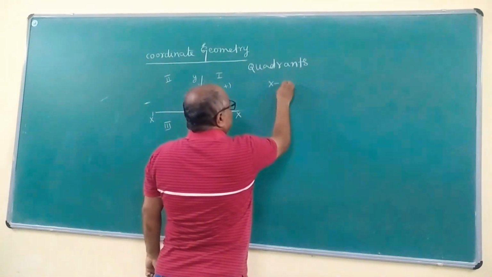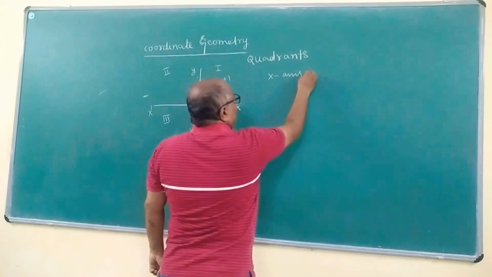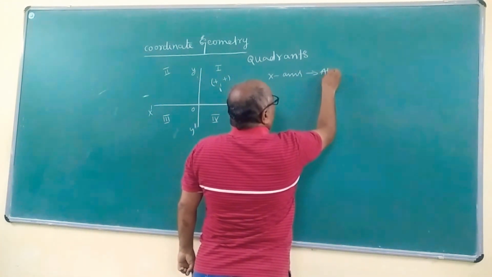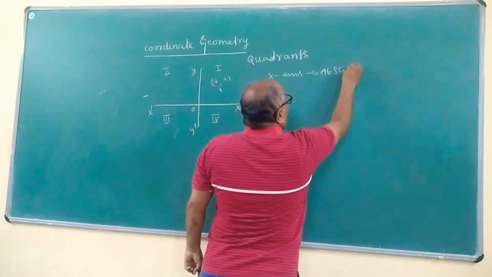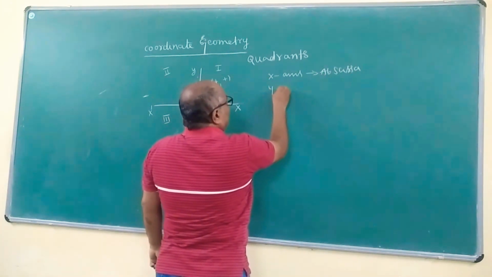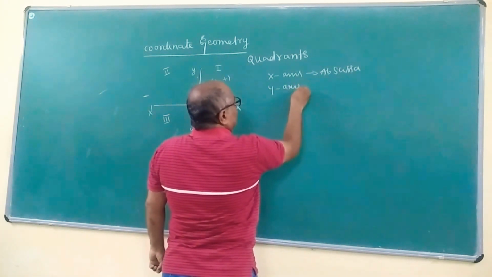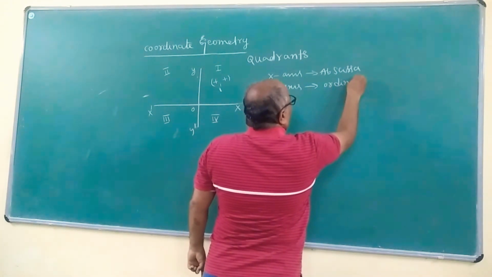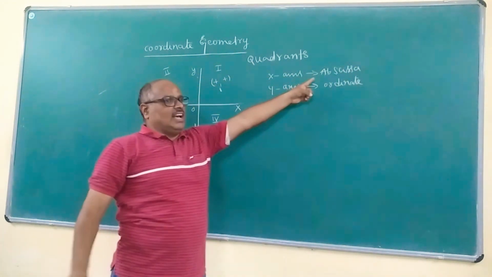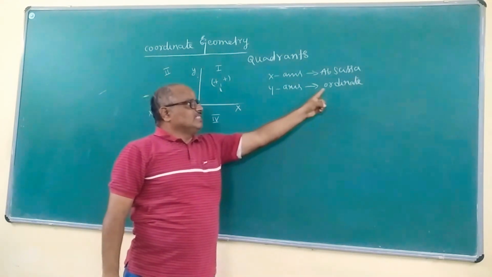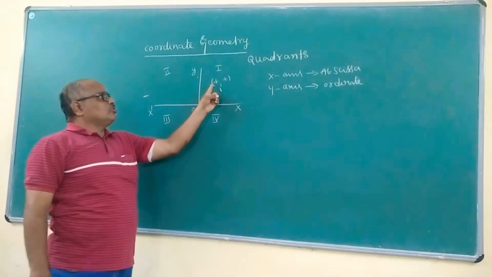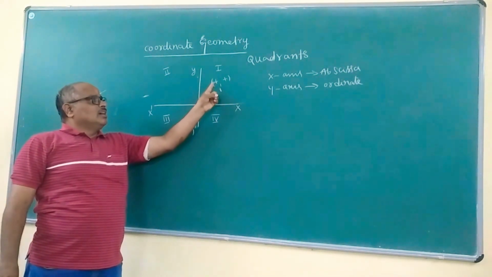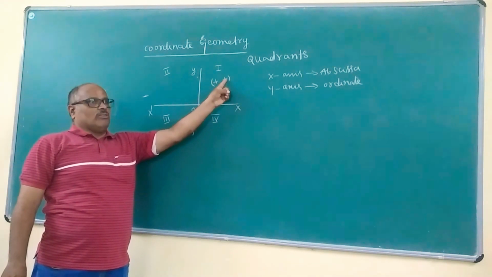The x coordinate is the abscissa, and the y coordinate is the ordinate. In the first quadrant, both abscissa and ordinate are positive.